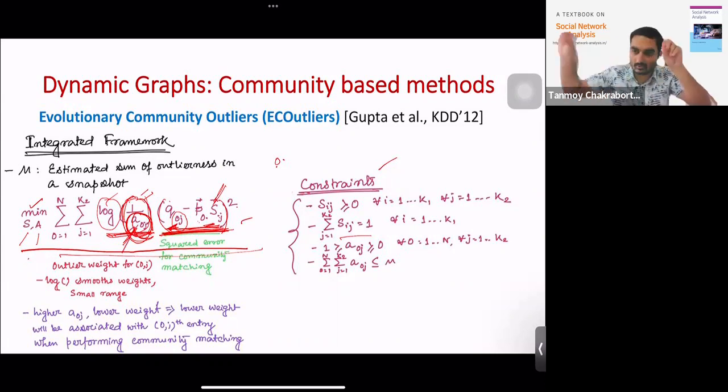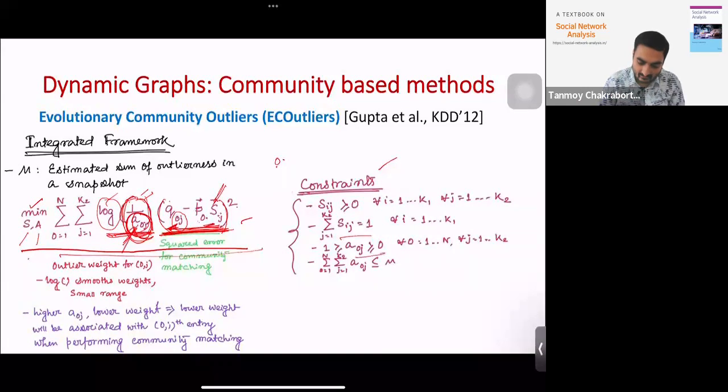The sum of the row of the corresponding matrix should be 1. Okay, and this is another constraint. What I'm saying is that the outlierness score of every object community pair should always be between 0 to 1. Less the score, the nodes are genuine. Higher the score, higher the abnormality.